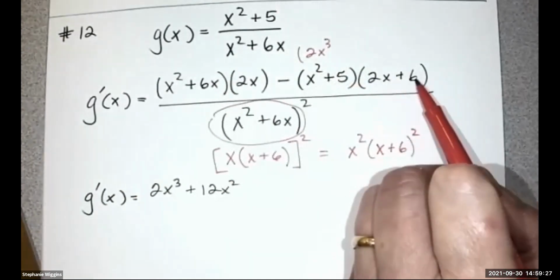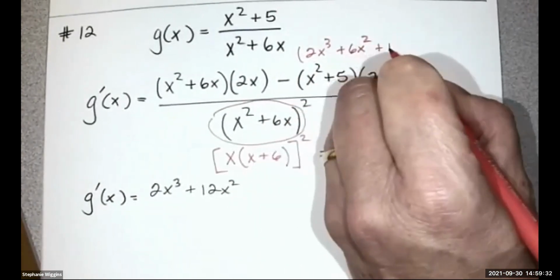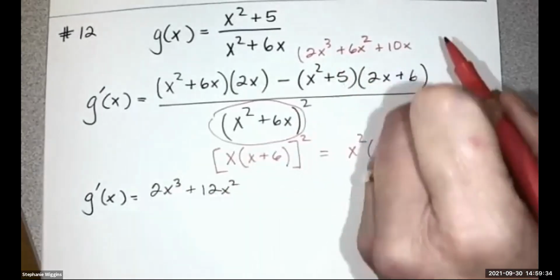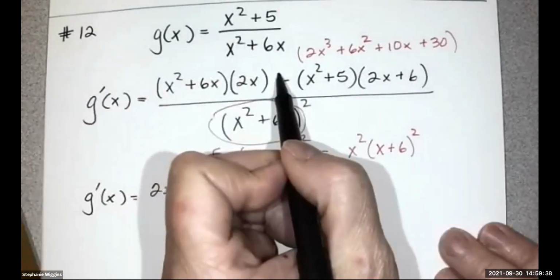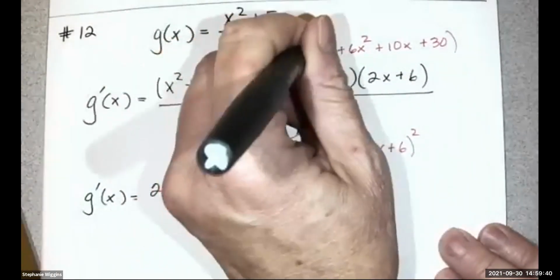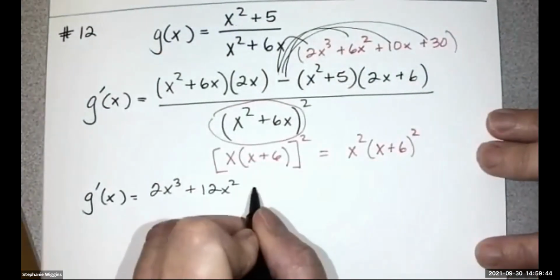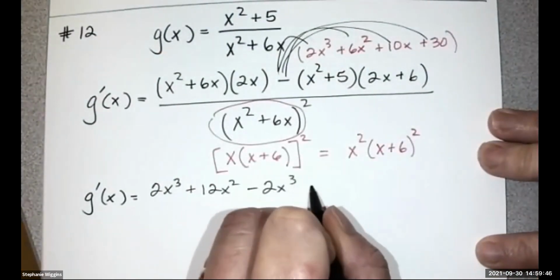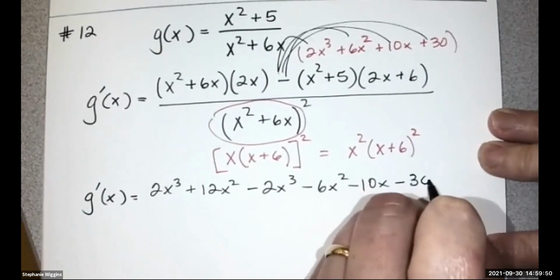And then we've got the outside 6x squared, the inside 10x, and then the last is going to be 30. And then I've got to distribute this negative to each term because I'm subtracting the whole thing. So this is going to become minus 2x cubed minus 6x squared minus 10x minus 30.